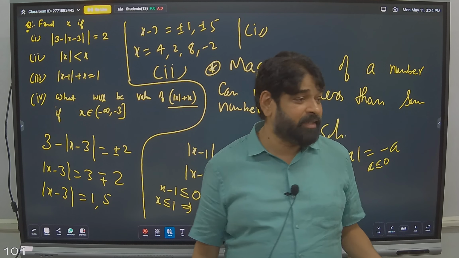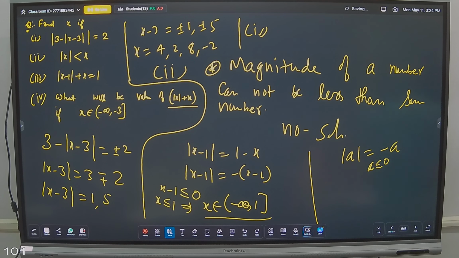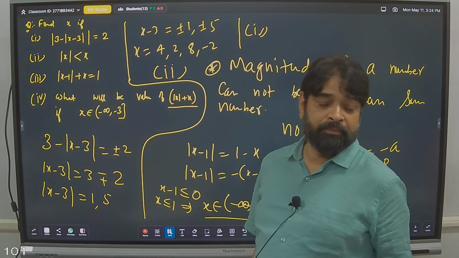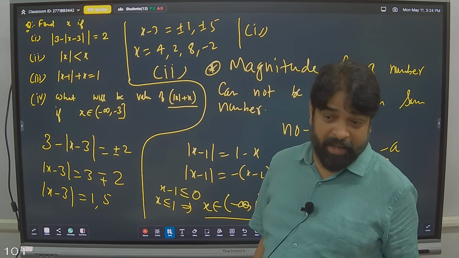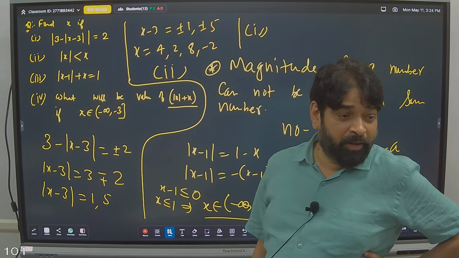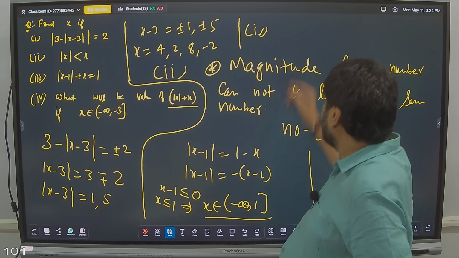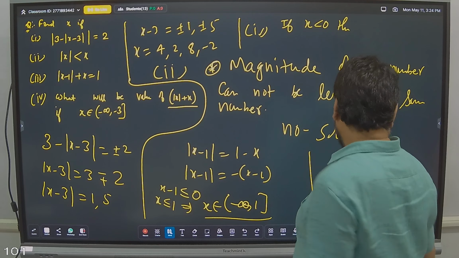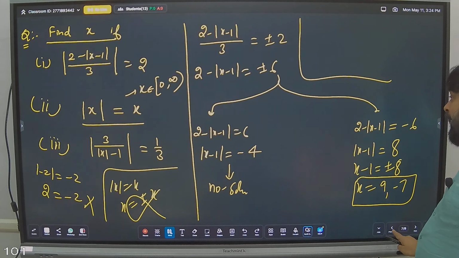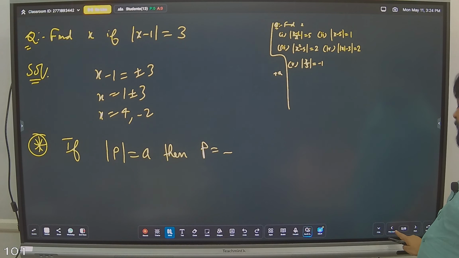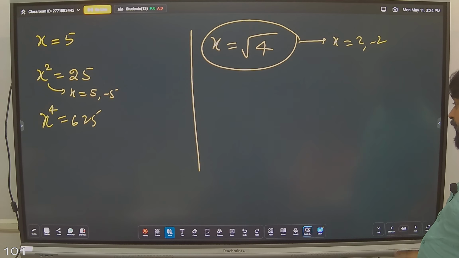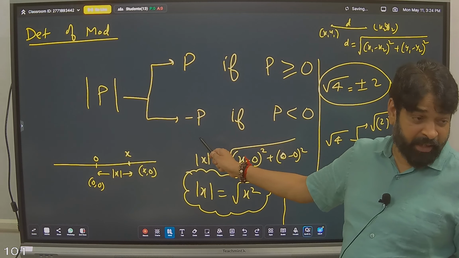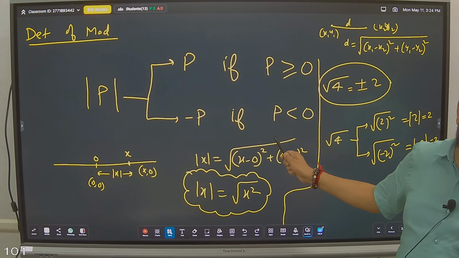So what is given for x? X is negative. If x is negative, mod x is written as minus x. I already told this here. You people are forgetting the previous thing and learning new things. Mod p will be written as minus p if p is negative.